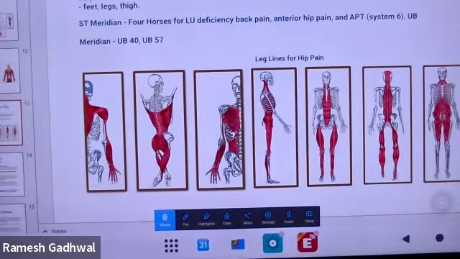Anyone tell? On which plane and on which meridian are these points? Stomach meridian, 4 horses point. Which of the pictures are you talking about?